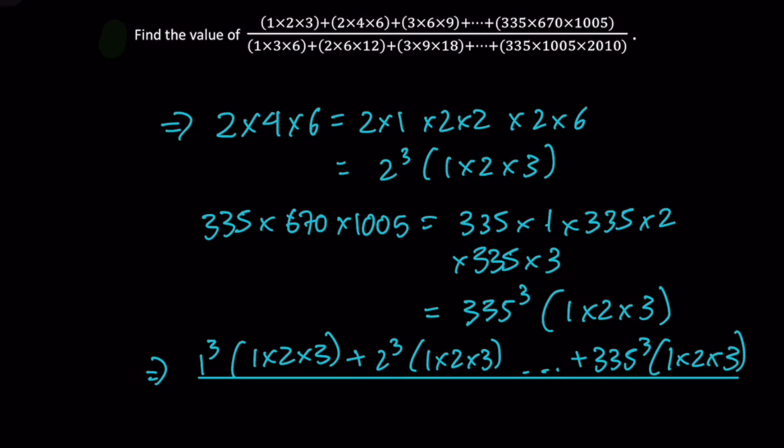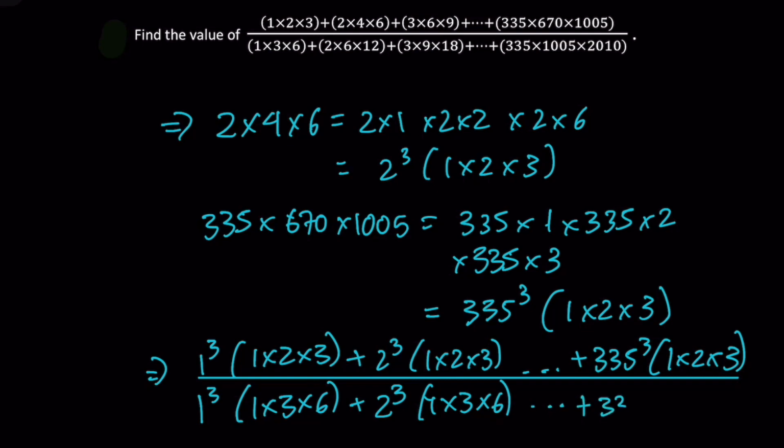Similarly, the below part will change to 1 power 3, 1 times 3 times 6, plus 2 power 3, 1 times 3 times 6. The last term will be 335 power 3, 1 times 3 times 6.